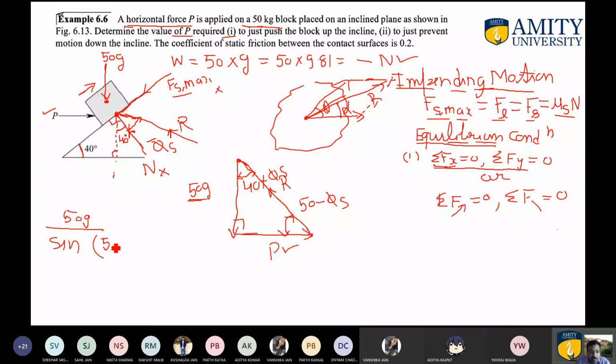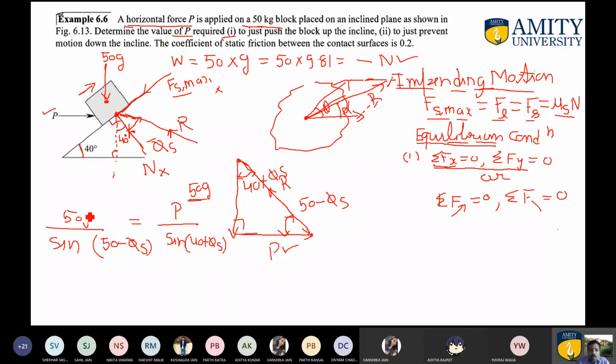So sine of 50 minus phi s will be over here, is equal to, as you are required to find out P, P divided by sine of the angle between the other two forces. The other two forces are 50g and R. The angle between them is 40 plus phi s. So sine of 40 plus phi s.